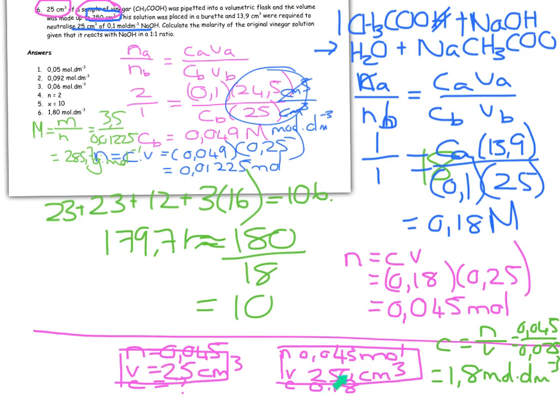But it's a dilution first, and from the dilution I'll get my number of moles. From a number of moles I can do a titration. But I didn't know the dilution, so I went the other way. I knew the titration, I could get the number of moles. From the number of moles I can do a dilution calculation.